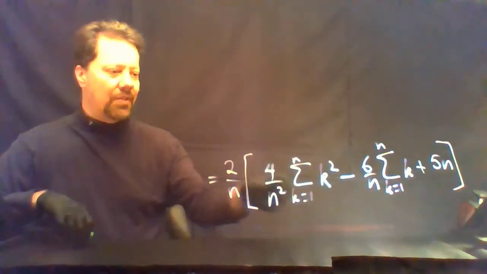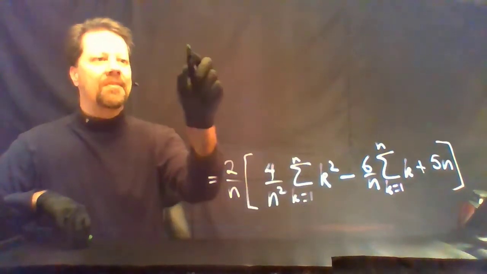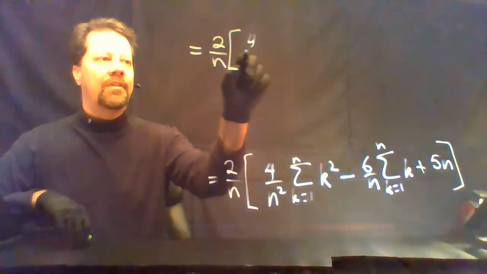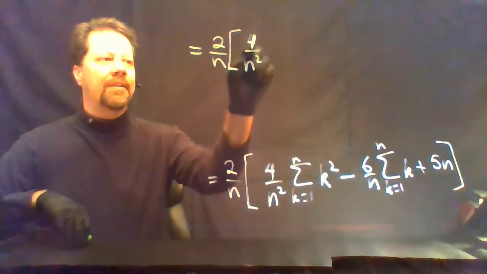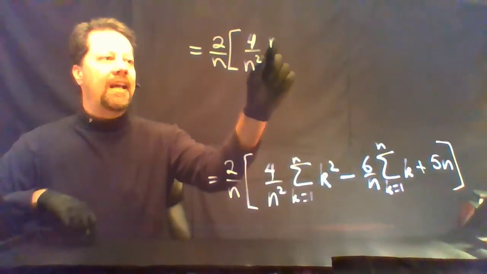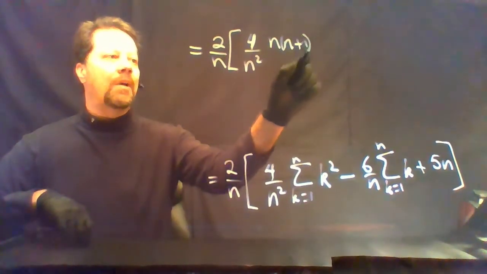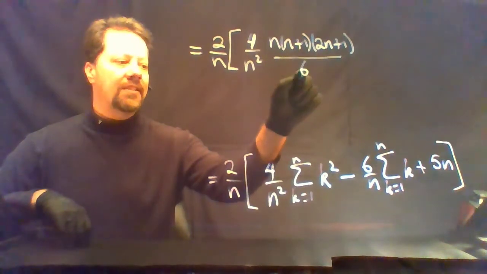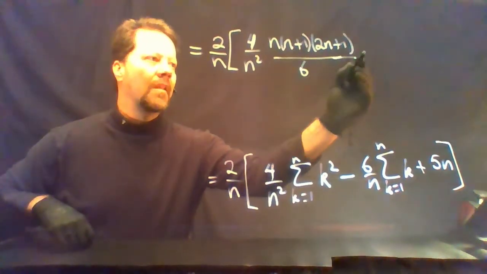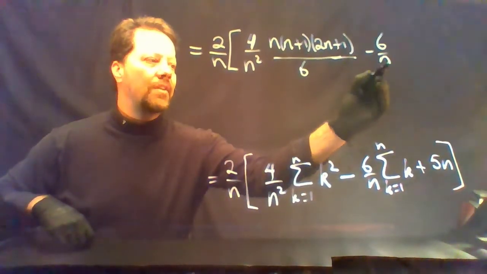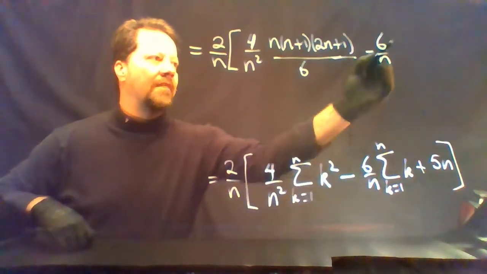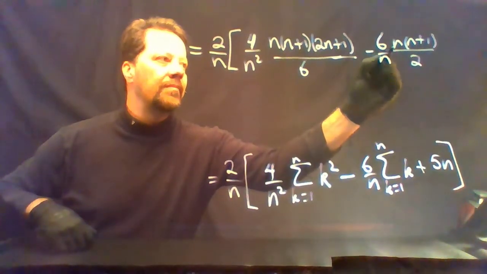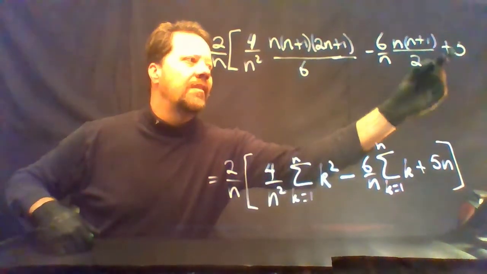Now, using those formulas I asked you to memorize, we'll have 2 over n times 4 over n squared times n plus 1 times 2n plus 1 over 6, minus 6 over n times n plus 1 over 2, plus 5n.